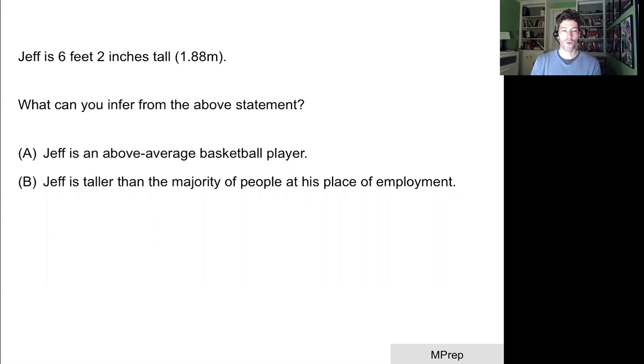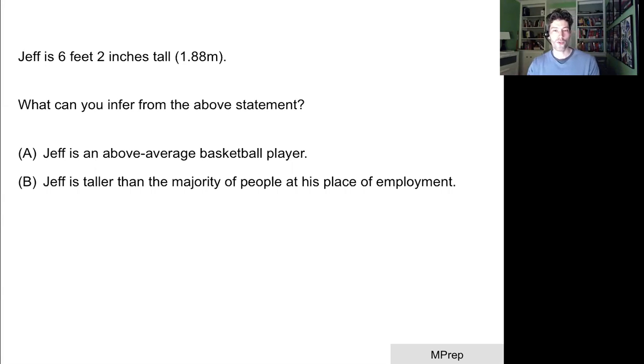Or imagine a situation where I'm self-employed and I am my only employee. It would be impossible for me to be taller than the majority of people at my place of employment because I can't be taller than myself. So again, this is one where you would expect it to be true most of the time, but you can't legally infer it on the GMAT because there is a sliver of doubt in there.